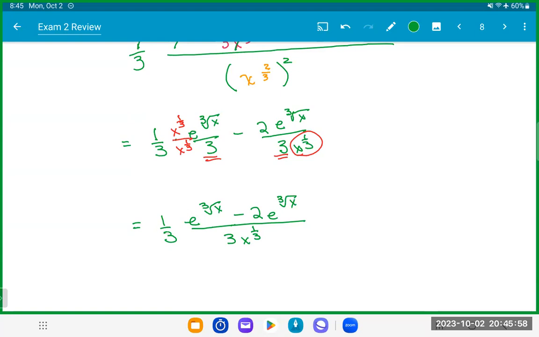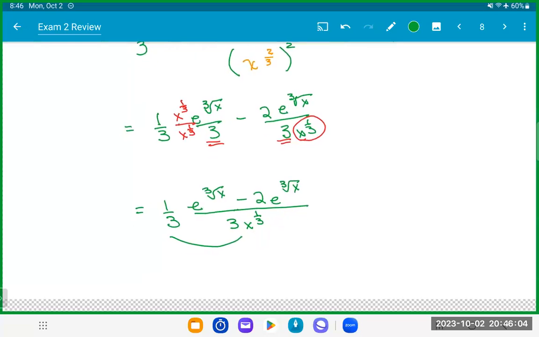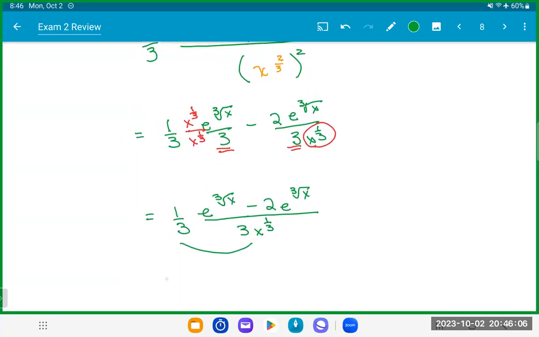Now we have a 1/3 out here, so we can multiply those two together. And so we get e to the cubed root of x minus 2e to the cubed root of x over 9 times x to the 1/3.